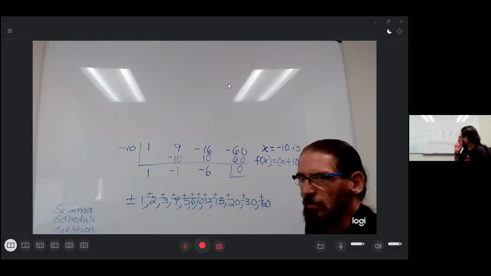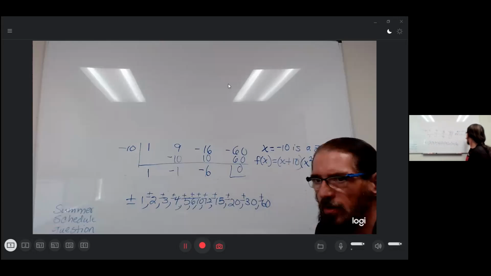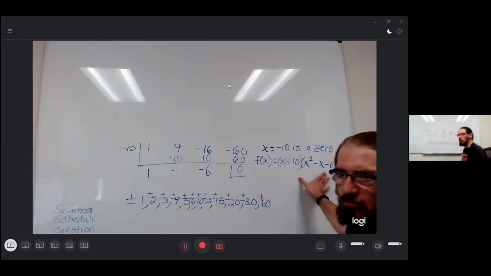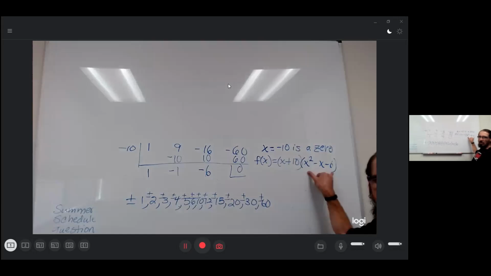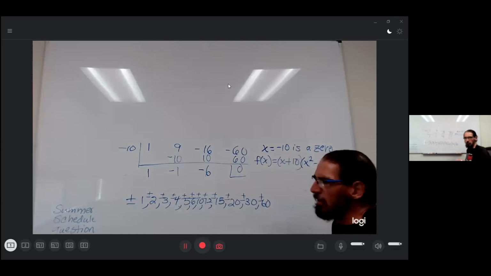Now, there are 2 ways we could continue here. This is actually something that could be quickly factored. Since that's a 1x squared, negative 3 and positive 2 will give us a product of negative 6, and then add to negative 1x.